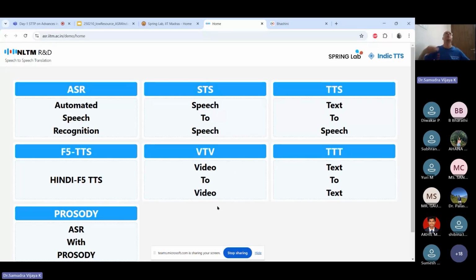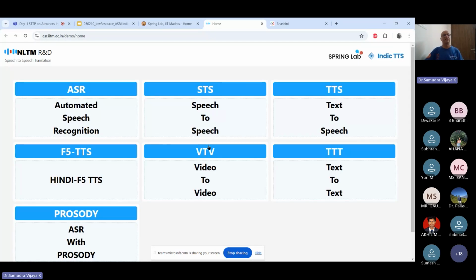In a video, there's audio that is spoken in Hindi, and somebody in Telugu has to listen to it. The corresponding speech in Telugu will be played instead of the Hindi speech. Speech to speech translation. That is, I speak Hindi, and if you choose the language as Mizo, it will appear as Mizo.